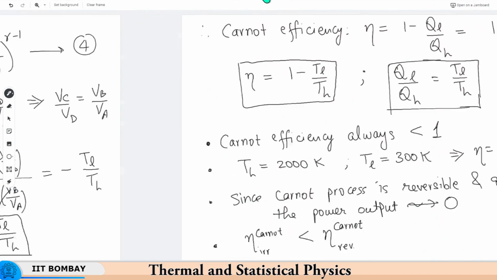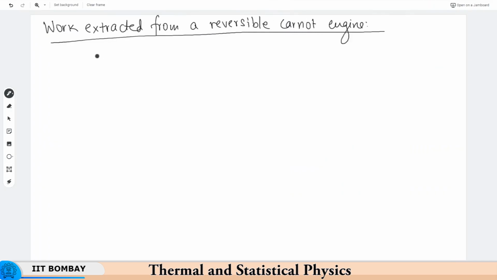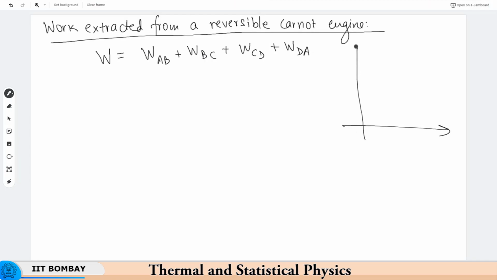So, basically the W that we are interested in is the sum of WAB plus WBC plus WCD plus WDA, and maybe I can quickly draw this again.